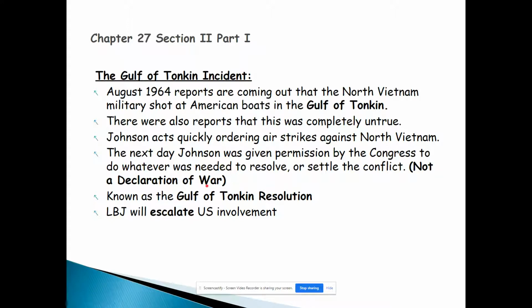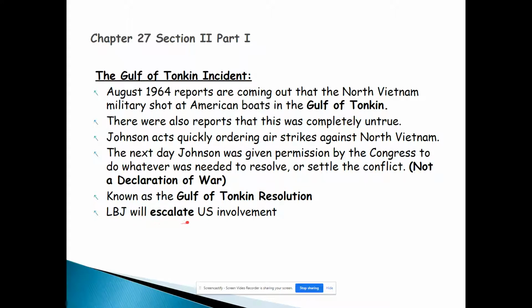It's not a declaration of war. It's not World War One. It's not World War Two. It's not even Korea. It's a document by Congress giving the president the authority to, quote, handle, end quote, the issue in Vietnam. This is going to be really important when we do Section 4 because something like this will never happen again. Okay?